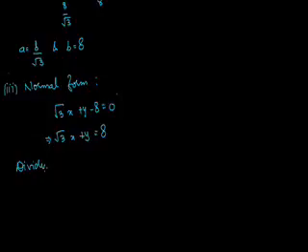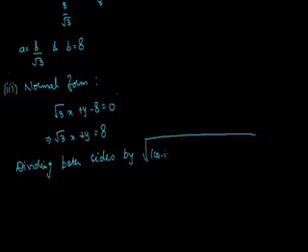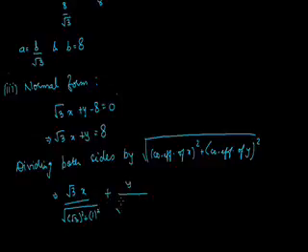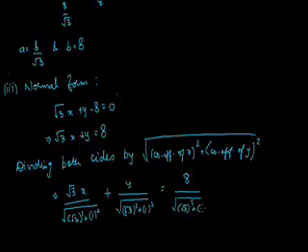So dividing both sides by under root of square of coefficient of x plus square of coefficient of y, we can write it as root 3x upon under root of root 3 square plus 1 square, plus y upon the same, equal to 8 upon the same, where the coefficient of x is root 3 and the coefficient of y is 1.